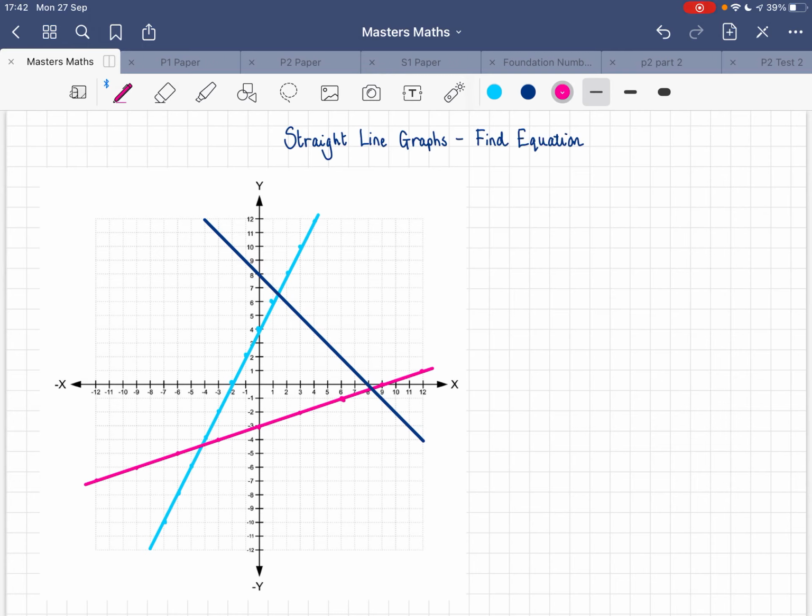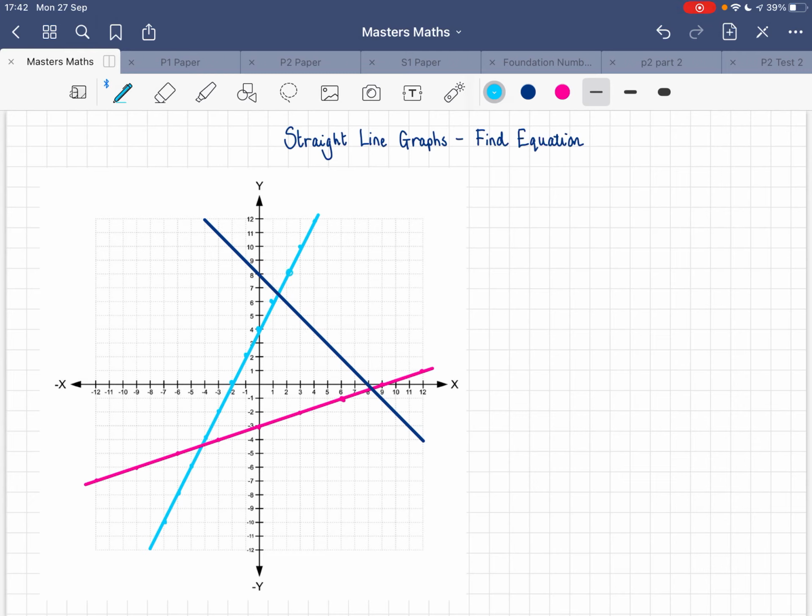We are not given any information other than a line drawn on an axis, okay? So starting with the pale blue line, we're going to work out the equation of it. So let's just use that same colour. The first thing I'm going to do is find the gradient. So I'm going to pick 2 points and then draw my triangle on.